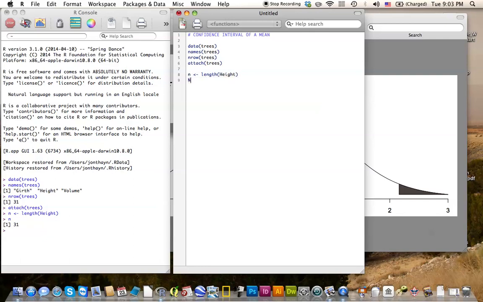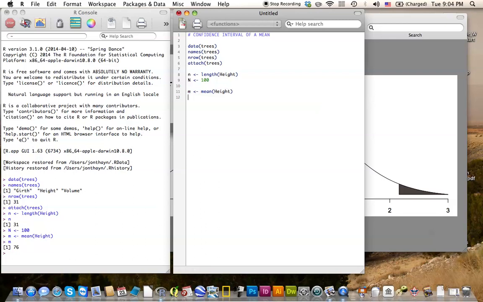And let's say that our population mean, we know that there are 100 trees out in the forest. And our m is our mean of height. So on average, these trees were 76 feet tall.